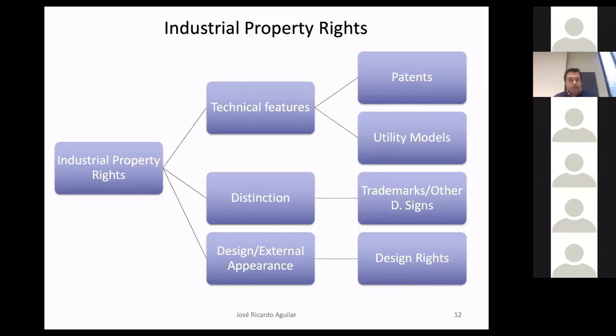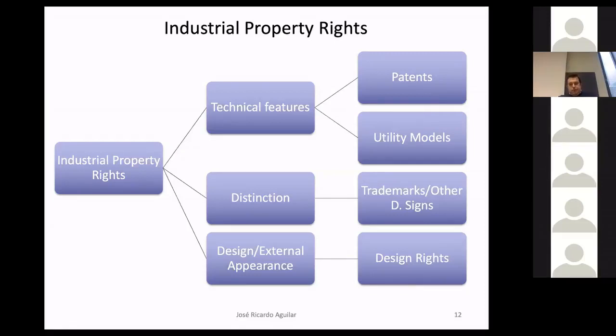These are a family of rights which are present in the majority of the legislations worldwide, in different countries, and part of them also in international treaties that will provide you the chance to extend the protection to other territories, to a group of territories, so reaching a kind of global protection in that sense.